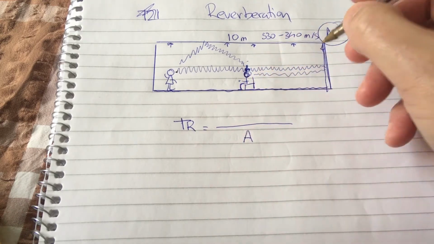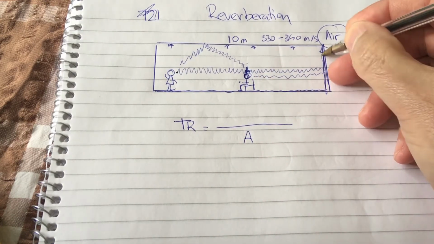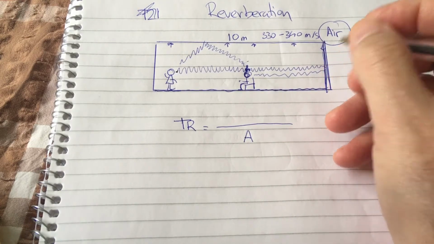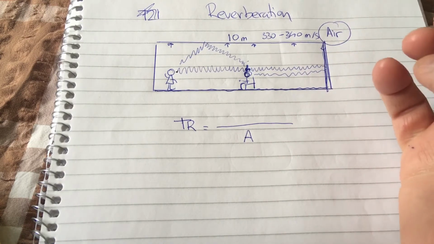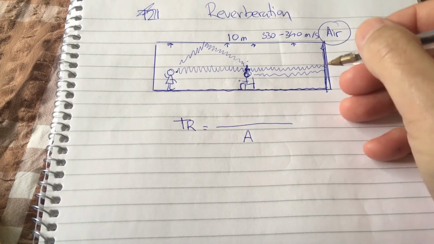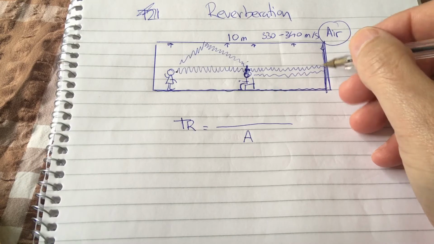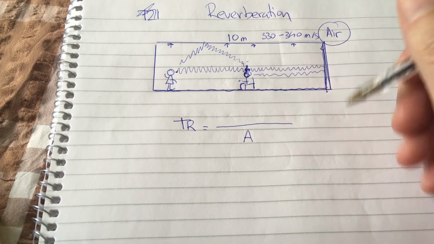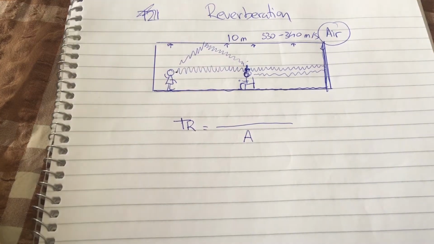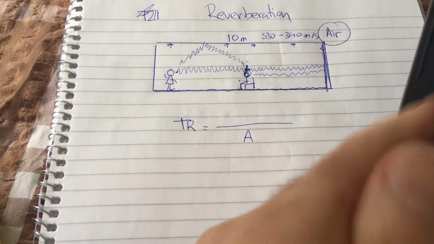And then let's say we put here a curtain in this wall. This is going to have an absorption coefficient, and this absorption coefficient is given to you.